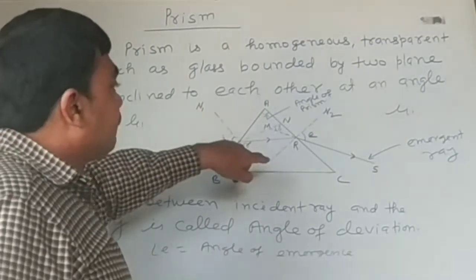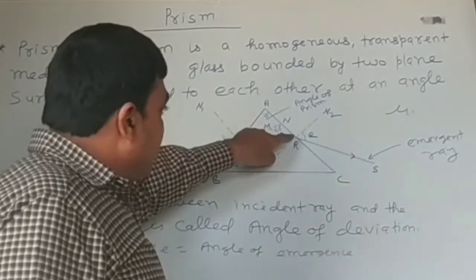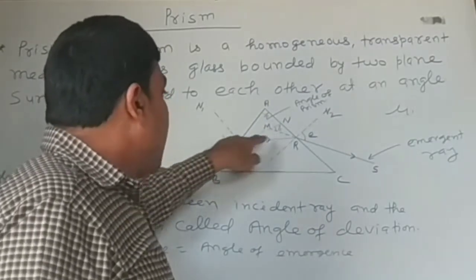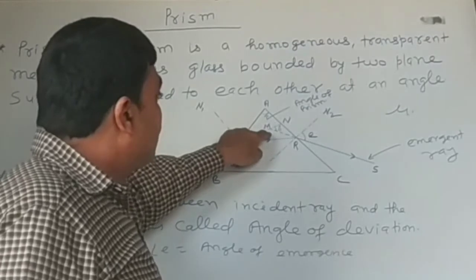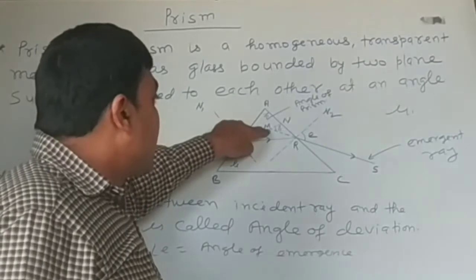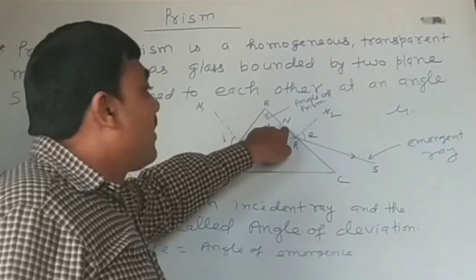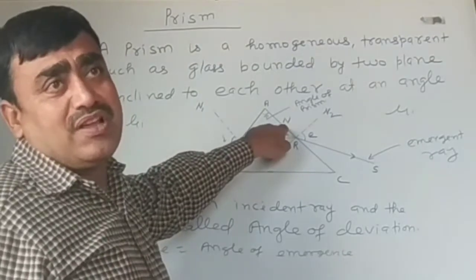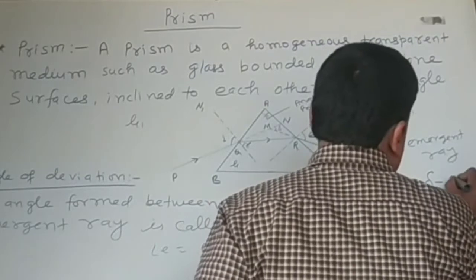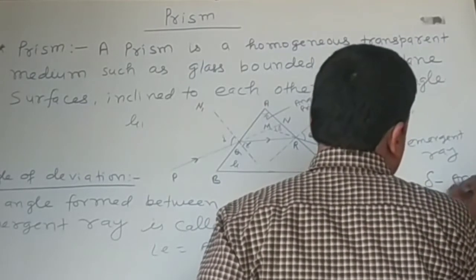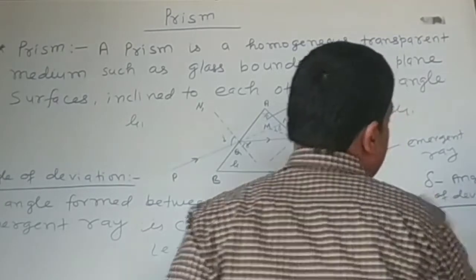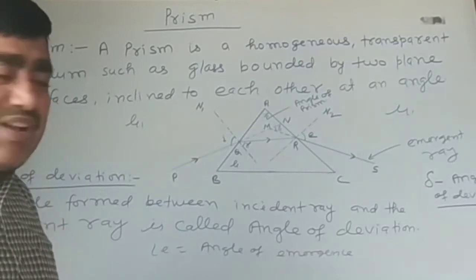When we extend both the incident ray and the emergent ray, they meet each other at point M, where an angle is formed which is denoted by delta, which is called angle of deviation. Delta is called angle of deviation.